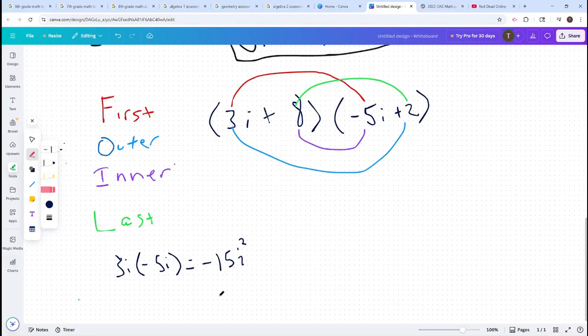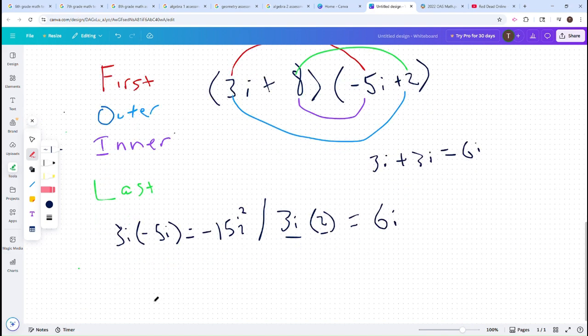We don't add the numbers in front of it because we're multiplying here. All right, that's the first. Now the outer is 3i times 2. That's write this number this many times and add. 3i plus 3i is 6i. All right? So 3i times 2 is 6i.